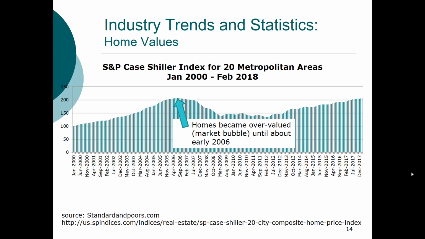The S&P Case-Shiller Index is the most popular and widely used index representing home values in the US. As you can see from this chart, the height of the US real estate market was sometime in early 2006, according to the average values of the largest 20 metropolitan areas. In early 2018, values were finally back to the peak 2006 levels.